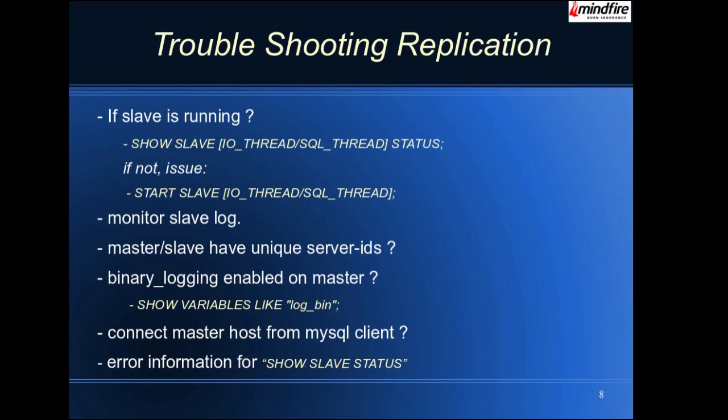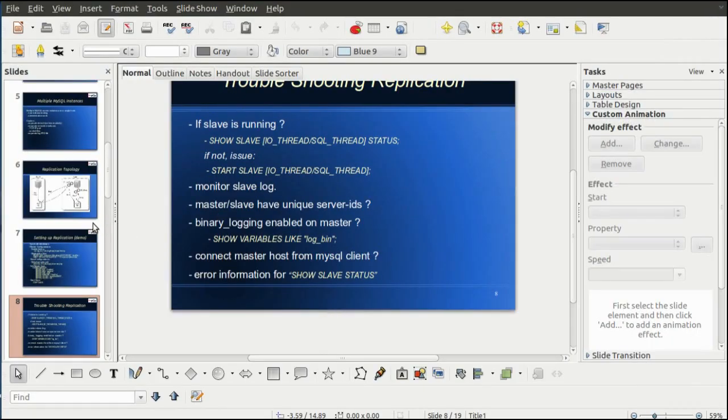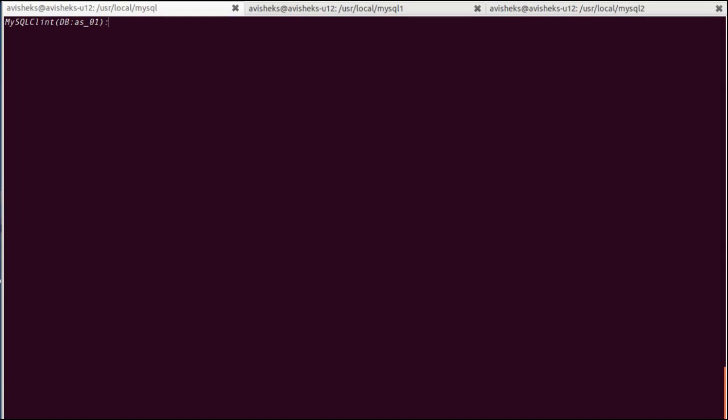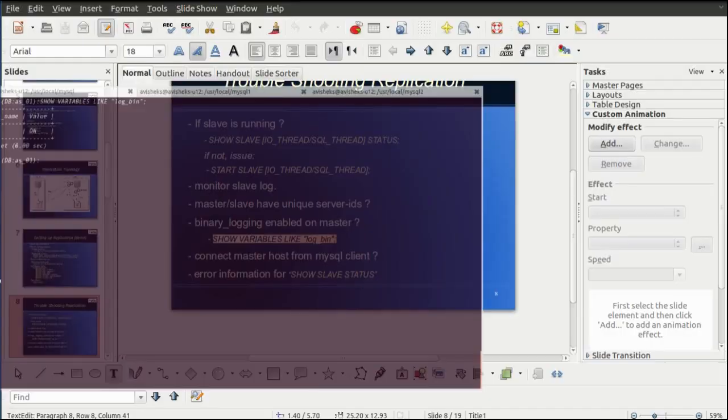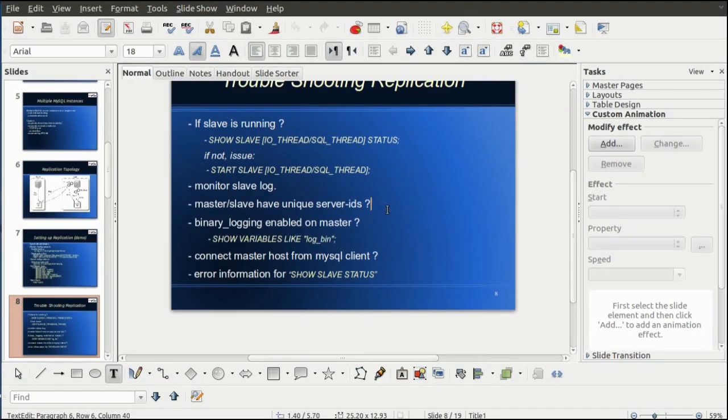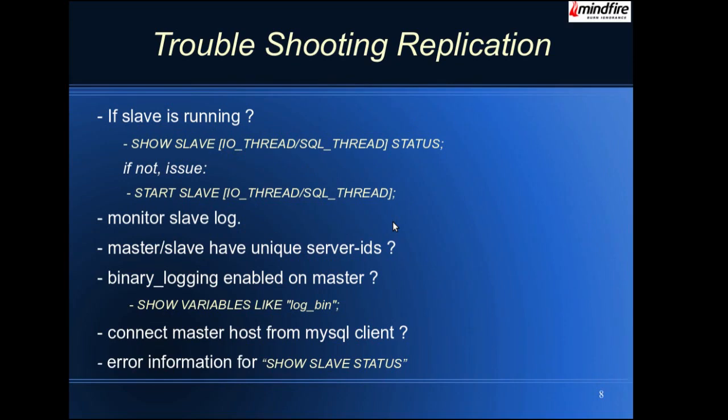We can check that with show variables like log_bin on the master side. So let's see if that is enabled. It says binary logging is enabled on the master side. It's not mandatory on the slave side, but for the master side it's mandatory.